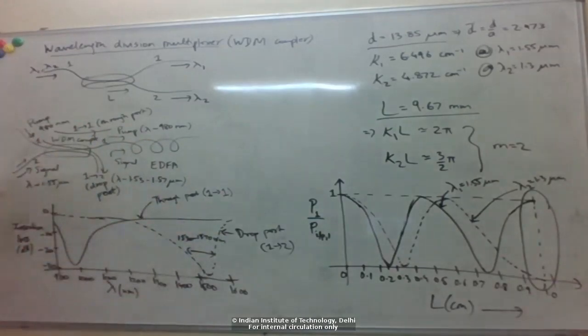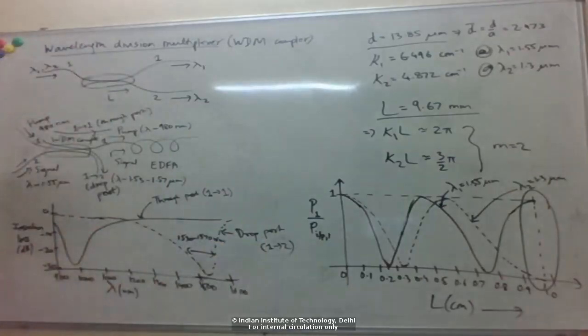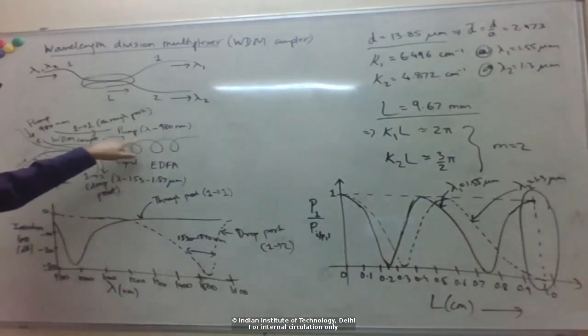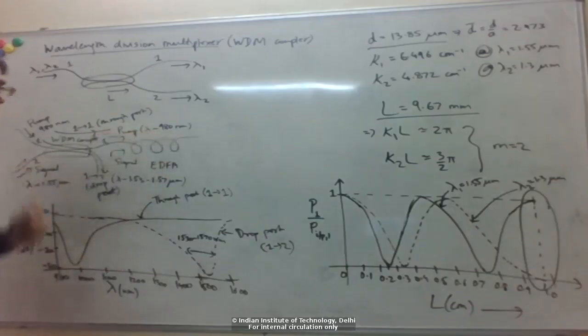But yeah, in the diagram, if the input is from here, then what you're seeing is right. This should be 2 to 1. Okay. So this plot I plotted if I send both pump and signal from this port.